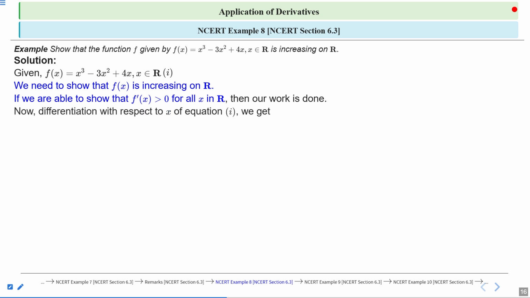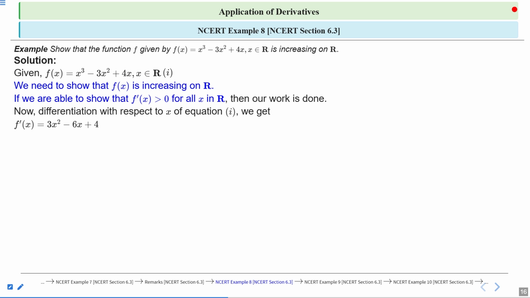Now differentiating with respect to x of equation 1, we will get f'(x). f(x) is x³ − 3x² + 4x, x belongs to real.